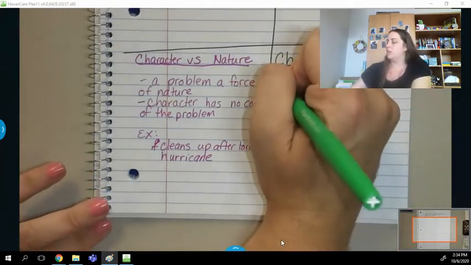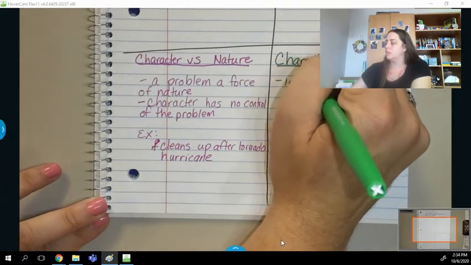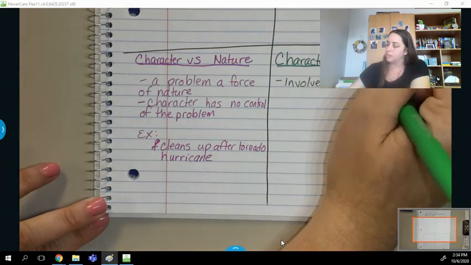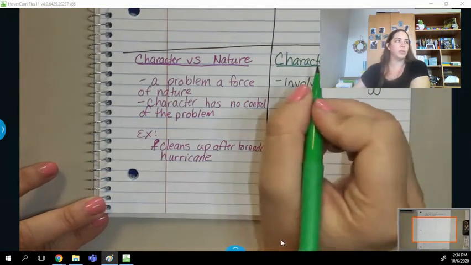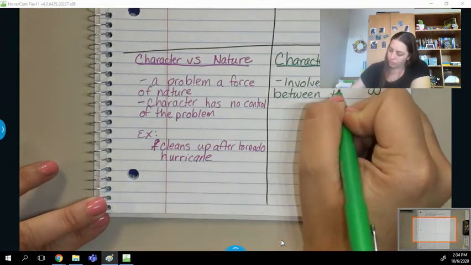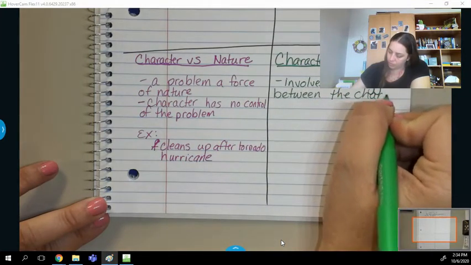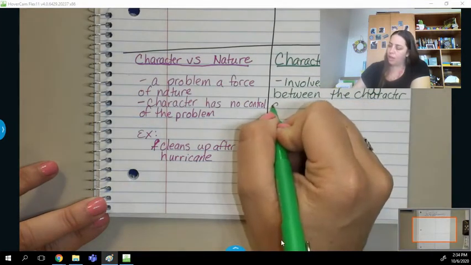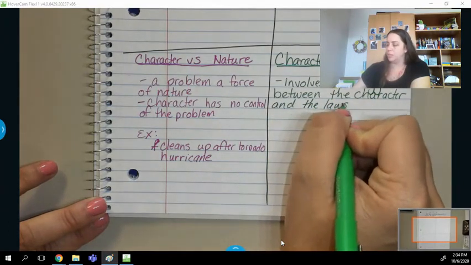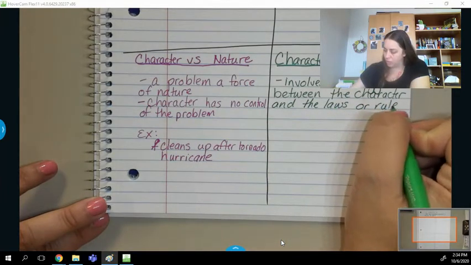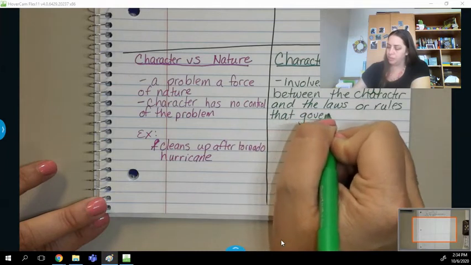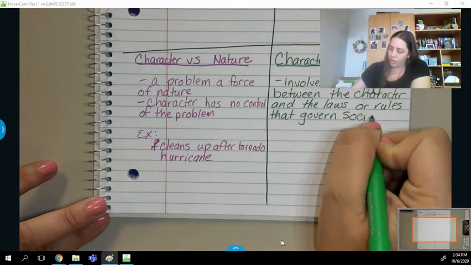So this involves the struggle between the character and the laws or rules that govern society.